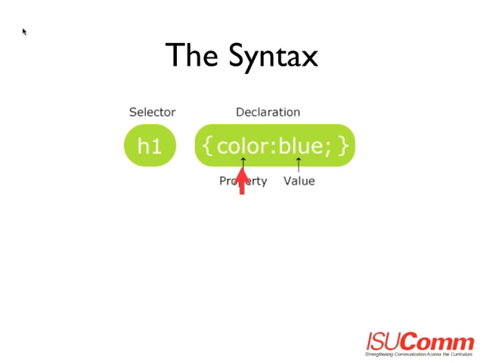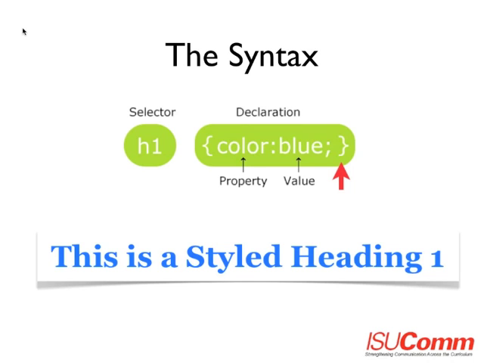I'm going to name the property. I want the color changed. I'm going to put a colon, and then I would like the value to be blue. So I want the color to be blue. I'll close that statement with a semicolon, and then close that entire declaration with another curly bracket. And then what we get is, this is what the heading would look like. You've taken a heading that's originally black and added a blue style to it.